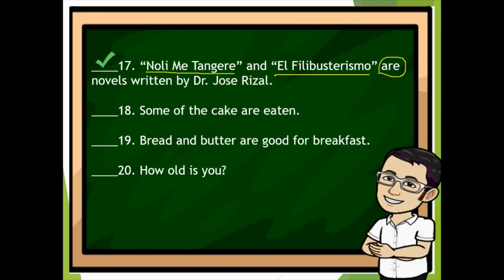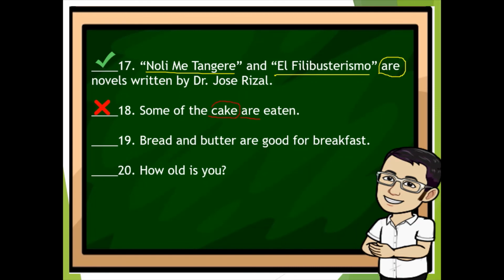Next, number 18. Some of the cake are eaten. The answer: it's an X mark. Why? What is the error in the sentence? The error in the sentence is are. What should be the verb here? The verb should be is and not are, because the noun that precedes the verb is a singular noun, cake.